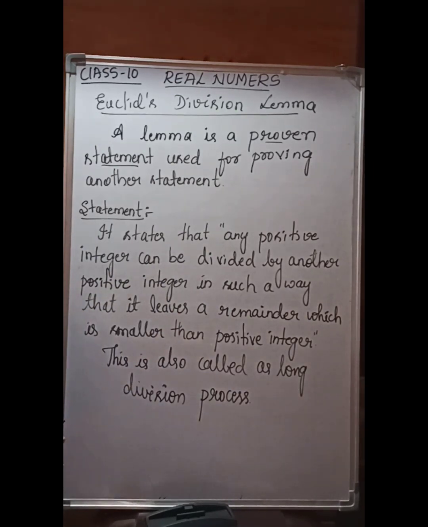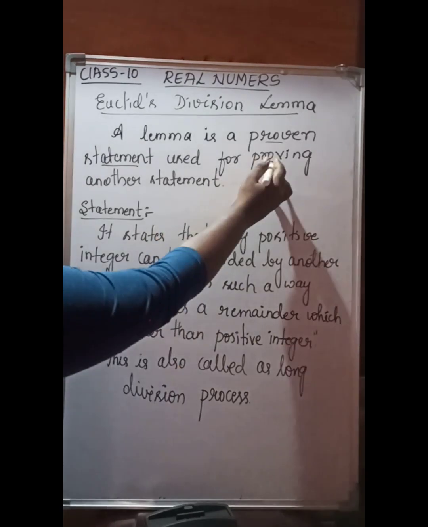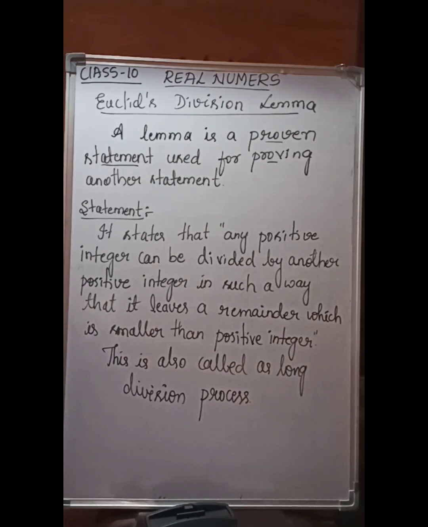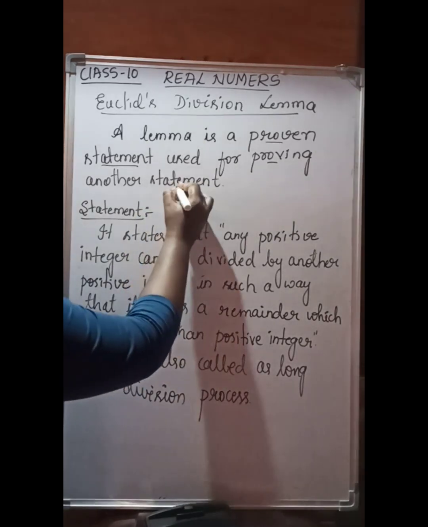That statement we will use to prove another statement. So a lemma is a proved statement, and by using that proved statement we will then use it for another problem to prove that.